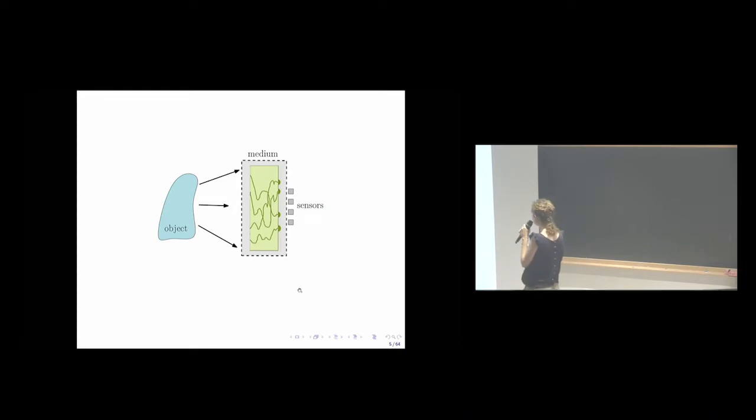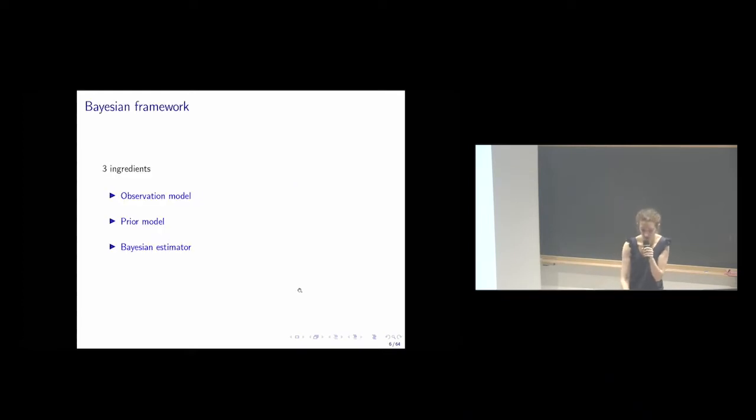At the end you have some sensors here that receive a mix, the combination of all the information that was sent by the object. So the problem is, if I have my observation on my sensors, how can I infer some information on my object? This is actually an inverse problem.